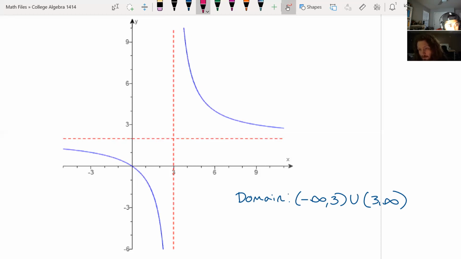We have a break at 2. So where do we start? Negative infinity, stop at 2, begin again at 2 to infinity. All right.